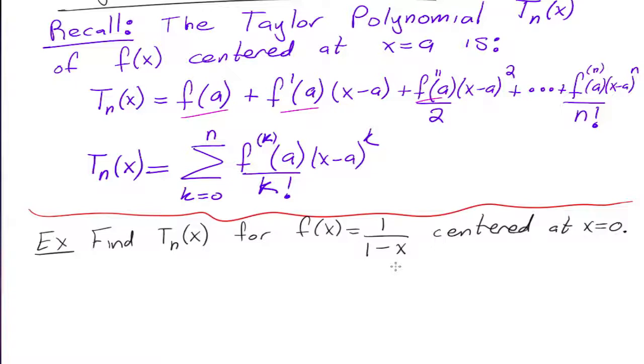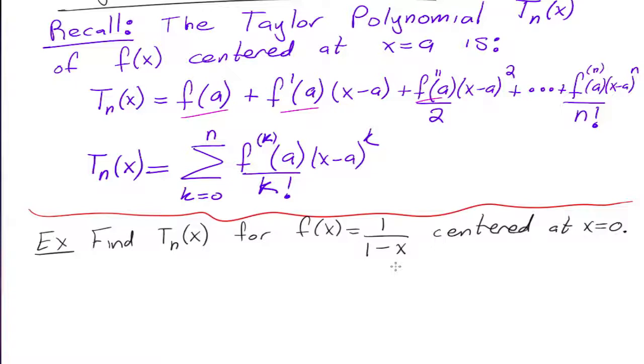If you want to find the Taylor polynomial to a given degree, like fourth degree, that means you would need up to the fourth derivative. If I wanted to find up to the seventh degree, then you would need to find up to the seventh derivative, right?